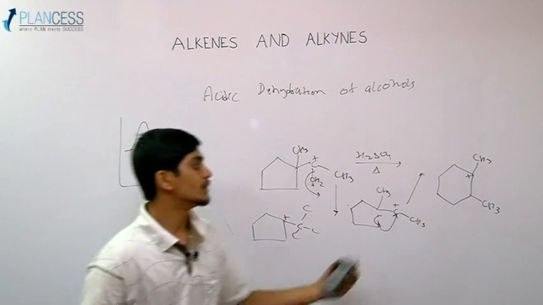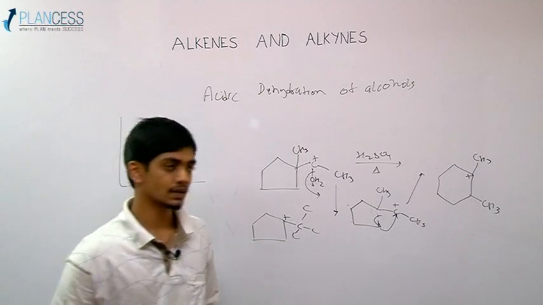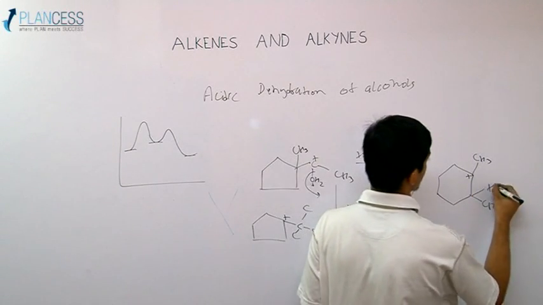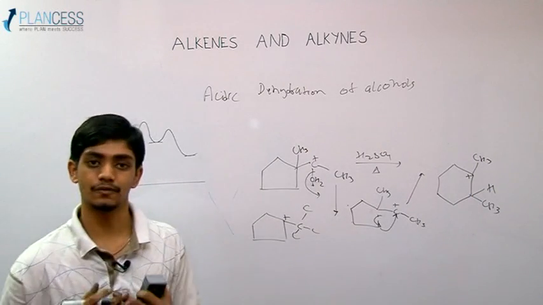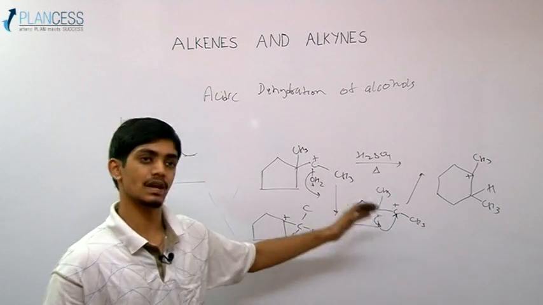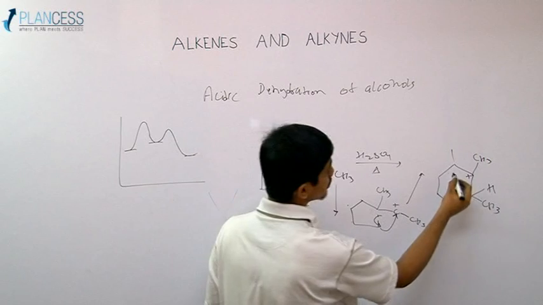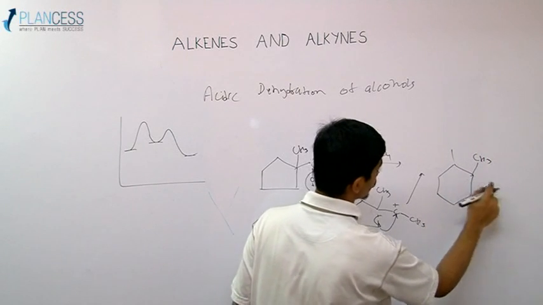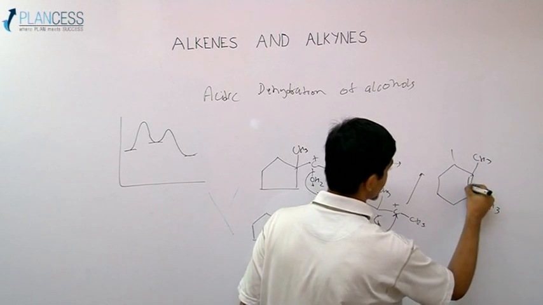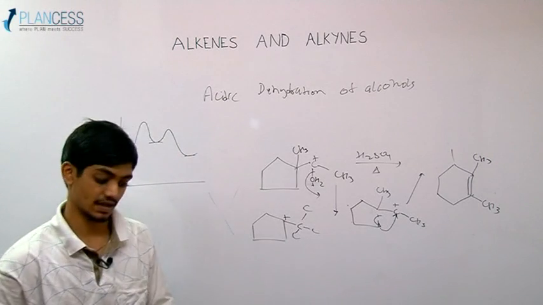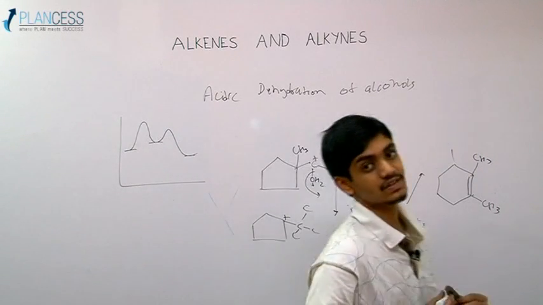And now which hydrogen do you think is eliminated? It is obviously this one, because again the Saytzeff rule is followed. The more stable alkene is produced. If you remove this hydrogen, then you get this alkene, but if you remove this hydrogen, you will be getting this kind of alkene, which is a highly substituted alkene and a very stable product.